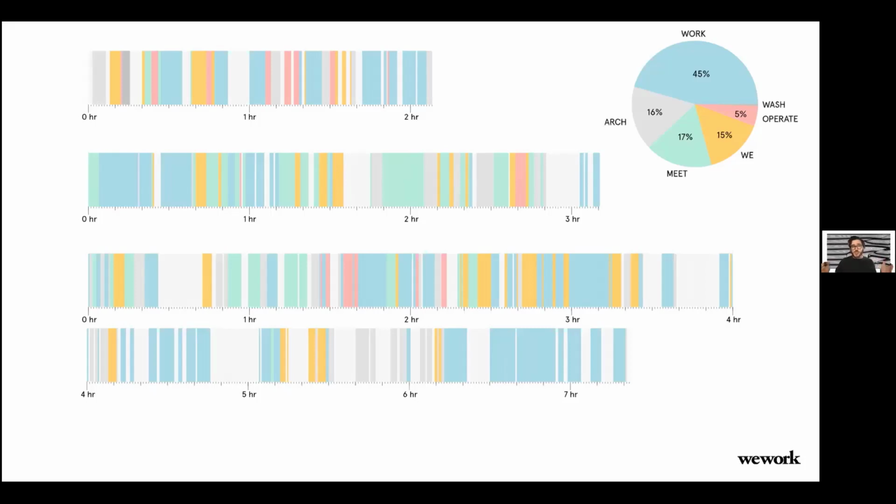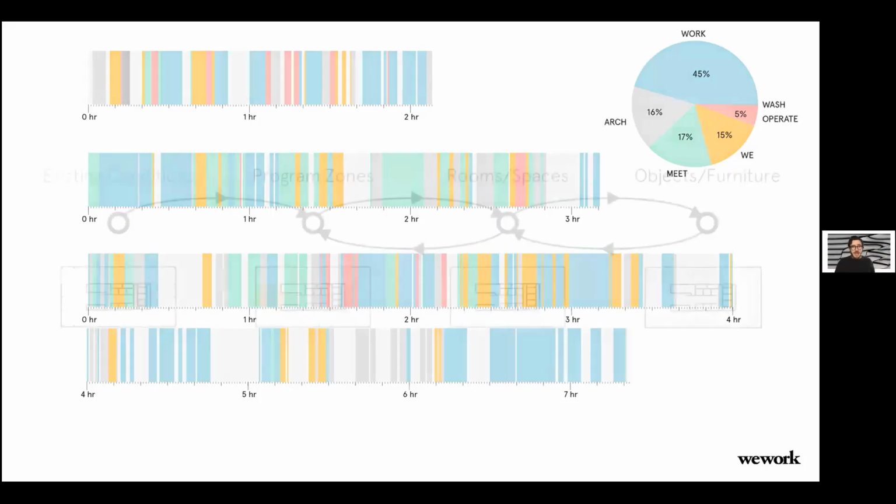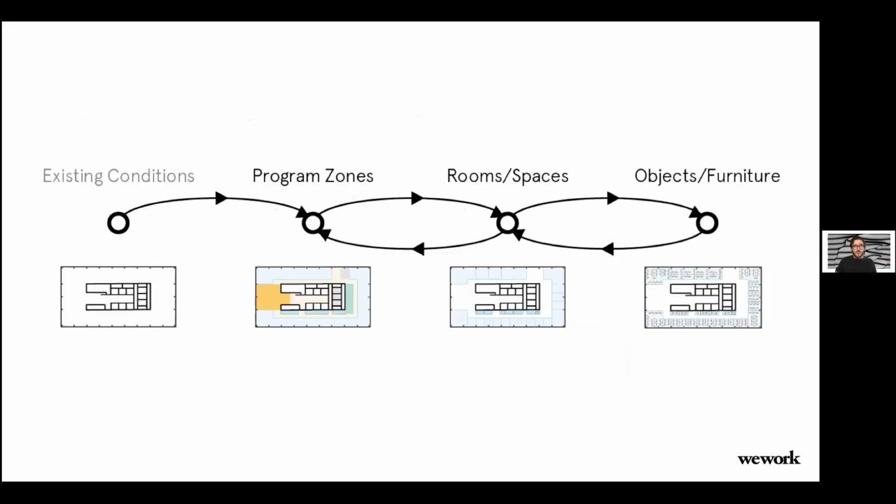And this is not just true of shifting between different program types. It's also true of levels of abstraction. So designers are constantly jumping between thinking about things at a low level of detail and thinking about things at a very high, broad level. So we might make a choice at a high level and then go down and resolve it in detail and discover that it doesn't work and we have to back out of that decision.